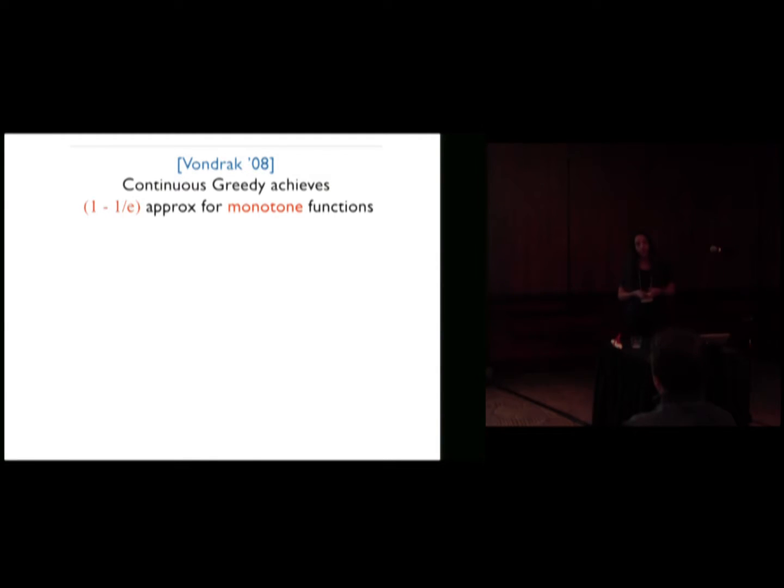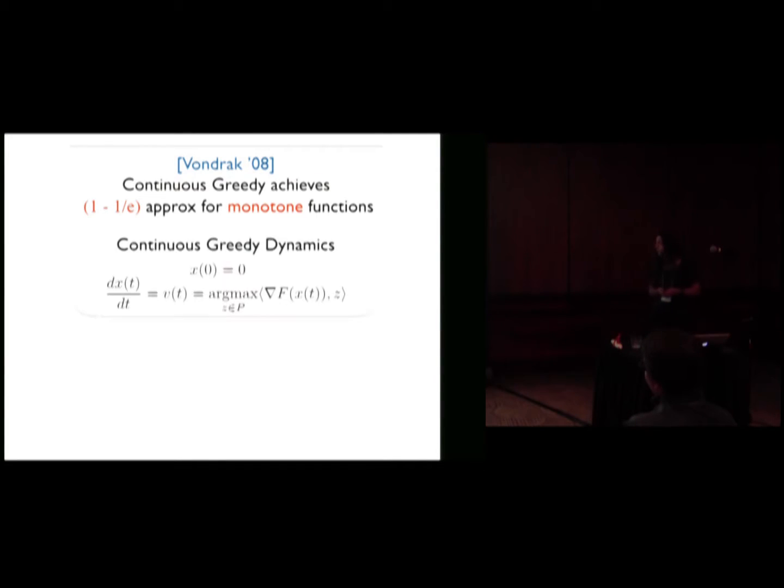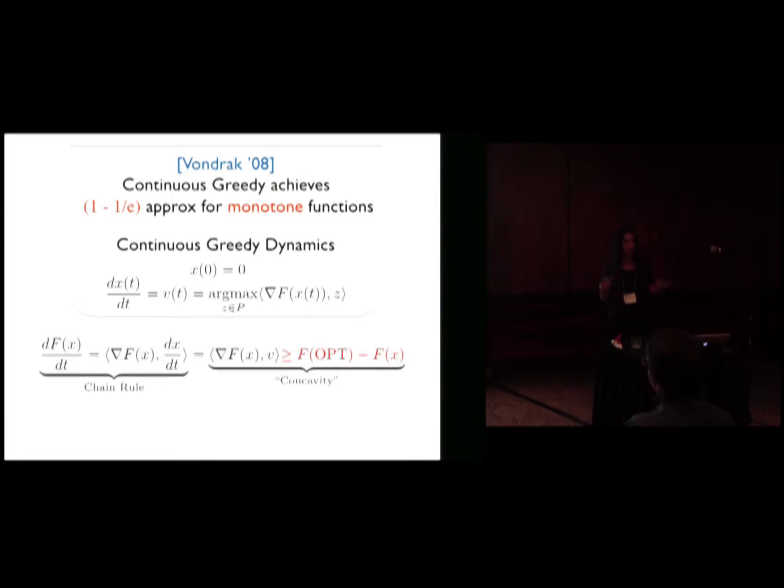And I want to give you a little bit of intuition on why that is. So for this, let's take a minute to look at this continuous greedy dynamics and see what is going on. So the dynamics tells us how the fractional solution is growing over time. To understand the approximation, we need to understand how the fractional value is growing over time. So the dynamics of the fractional value.